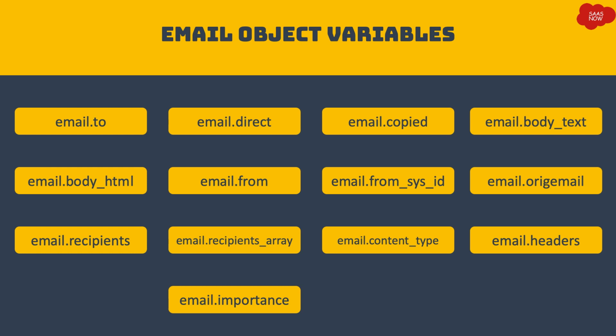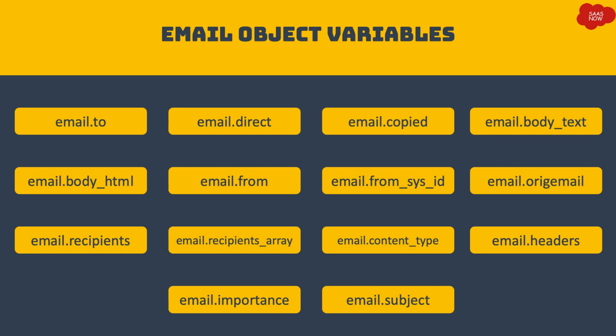This variable will store the value of the importance tagged to the incoming email while sending it. And the last one we have is email.subject. This will store the value you have in the subject, whatever subject you have in the email you are sending.